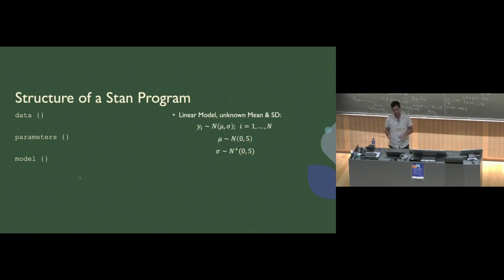So, a quick example of how to put all of that together. Let's say you have a very simple linear model. You have an unknown mean and standard deviation. Who can tell me what the data in this model is? What would we be specifying for Stan? What fixed quantities, what are our known quantities based on this that we want to be including in our model?